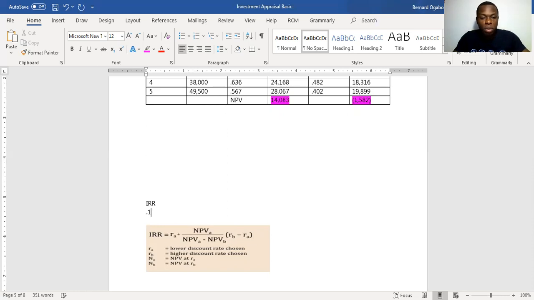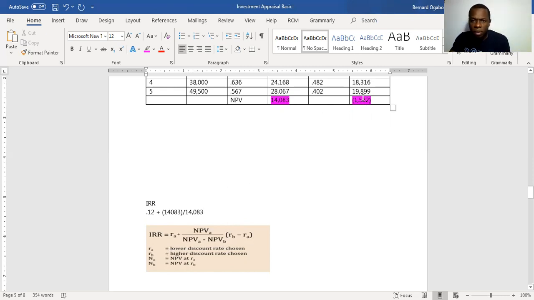So let me say 0.12, representing the lower rate of 12%, plus the NPV of this lower rate, which was 14,083 positive, divided by the NPV of the lower rate, 14,083, minus the NPV of the higher rate.